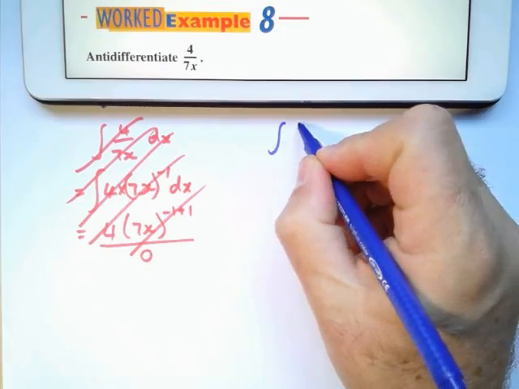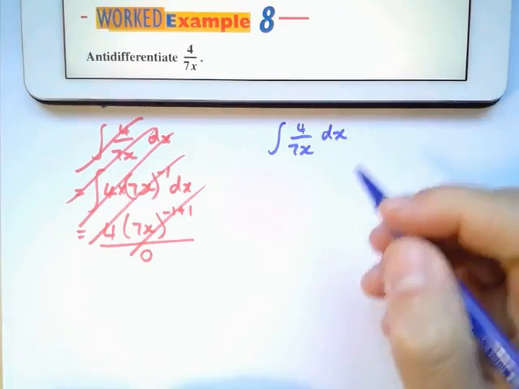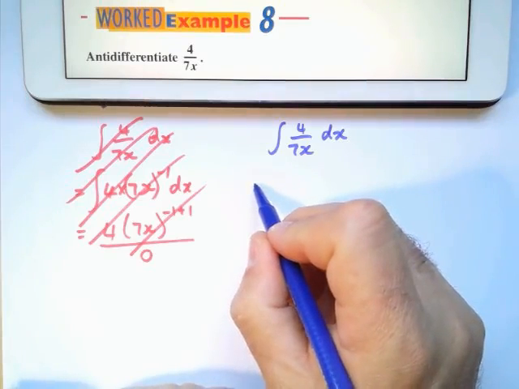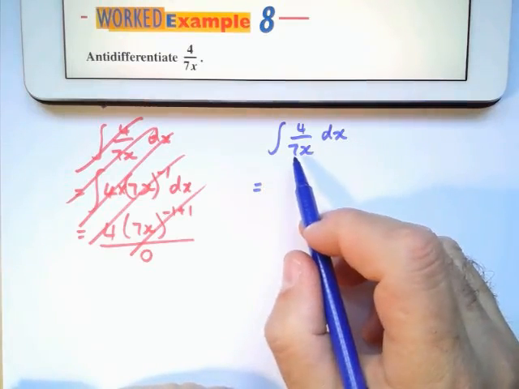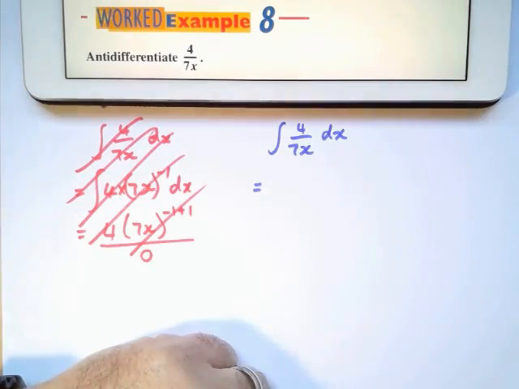So if I find the integral of 4 over 7x dx, I can say this equals, and we will have our next example where this is a function and this is a function.